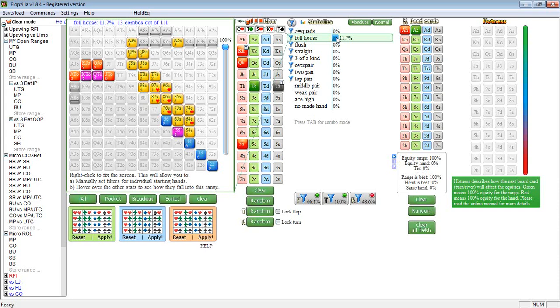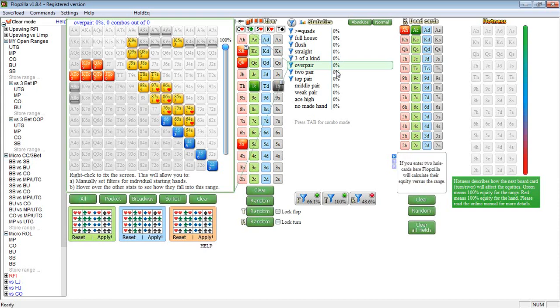Look how many full houses he has. 5-5, Queen 10, and King 10 too. He's got a ton of flushes that are definitely going to bet here. Straight. And 3 of a kind. Well, these are 3 of a kind, not sets. We'll bet here.